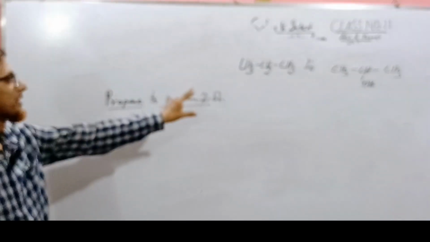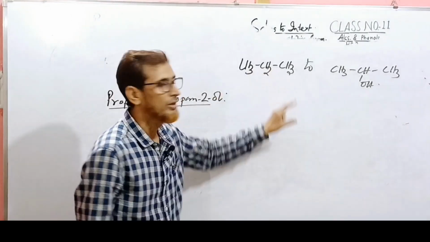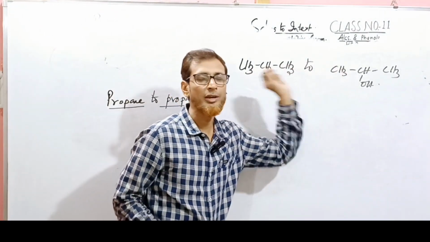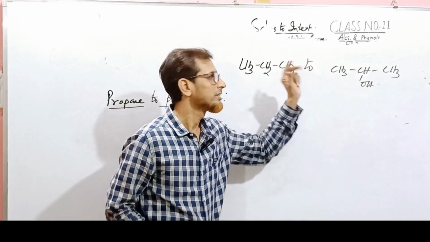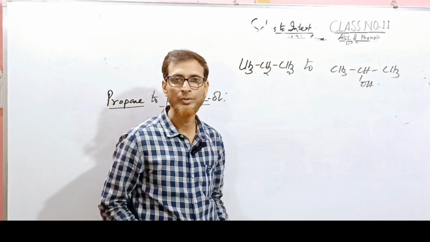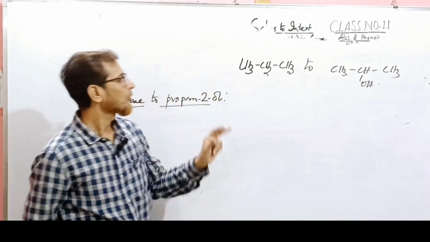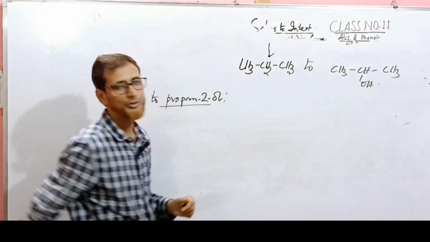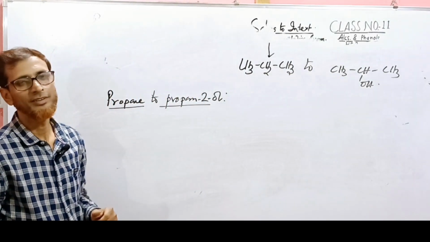What we have to convert is propane to propanol. If you think with a blank mind how to convert it, you will never find the answer, the way, the mechanism. It is an alkane, very less reactive, a paraffin.